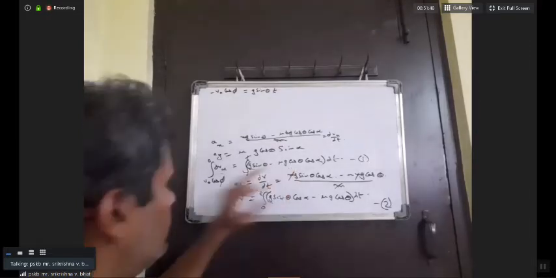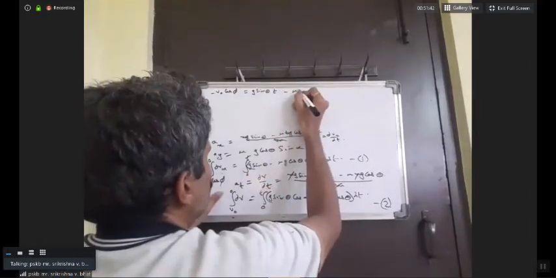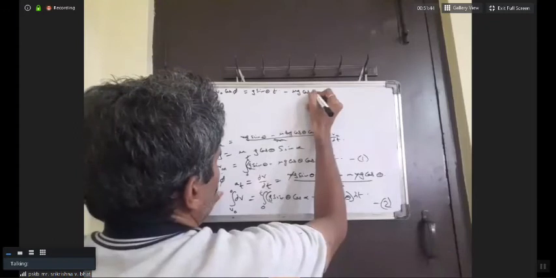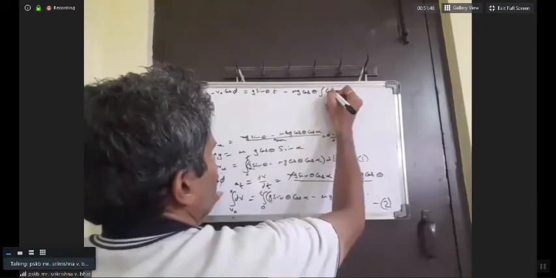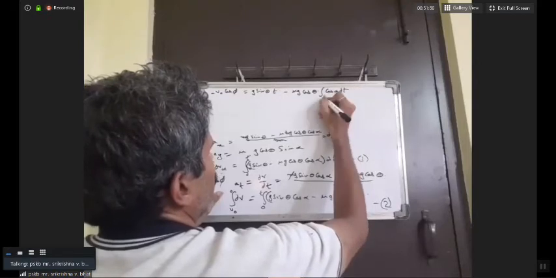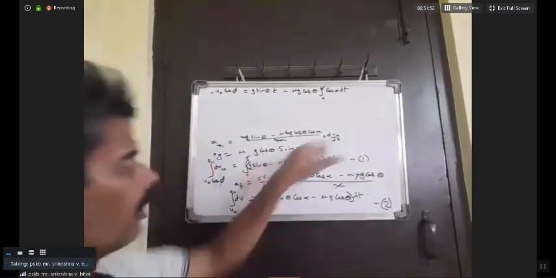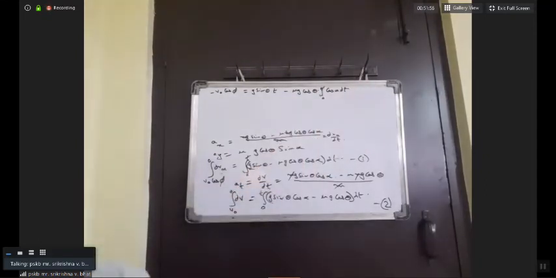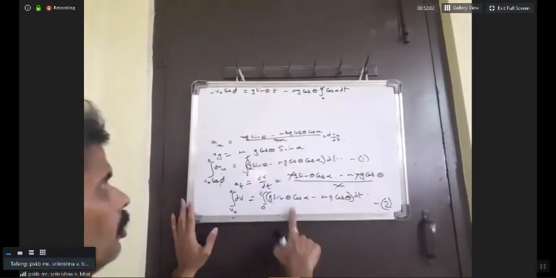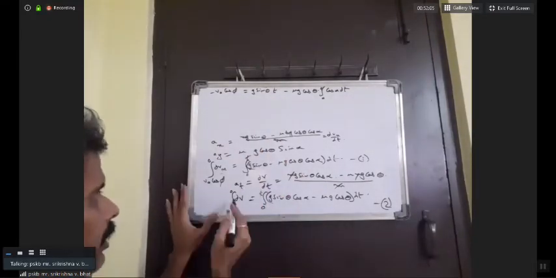And the second term which we have here, we can write as mu g cos theta into integration of cos alpha dt from 0 to t. Now I cannot do anything further with this, because we don't know how alpha depends on time. Okay. So the second equation also we can further simplify.